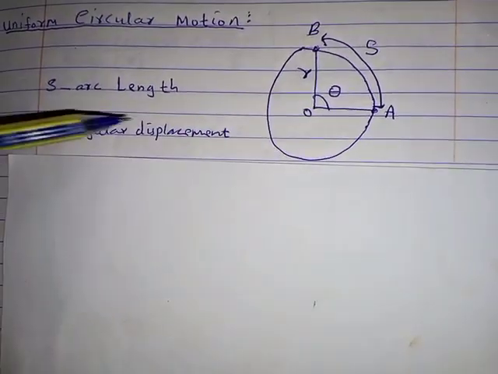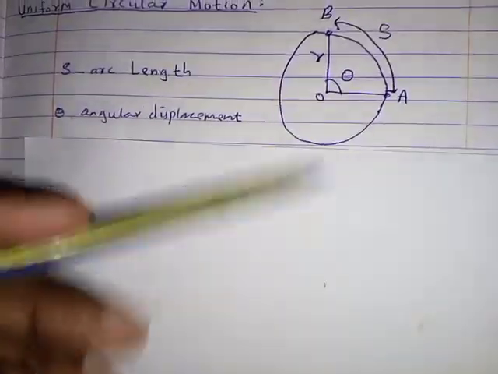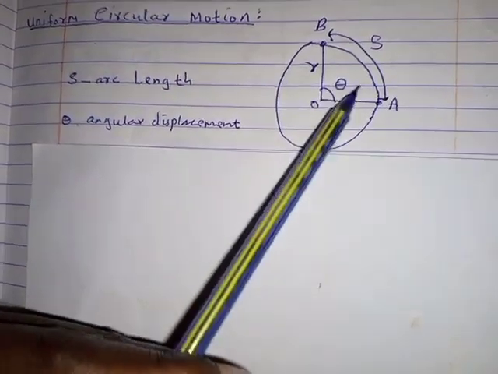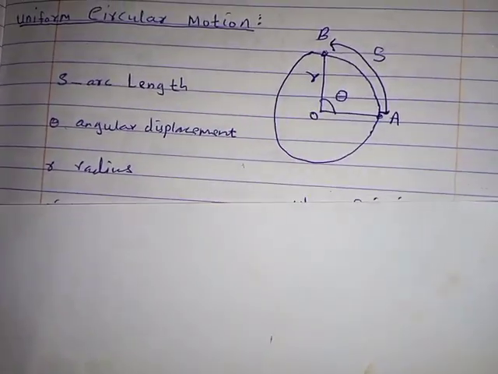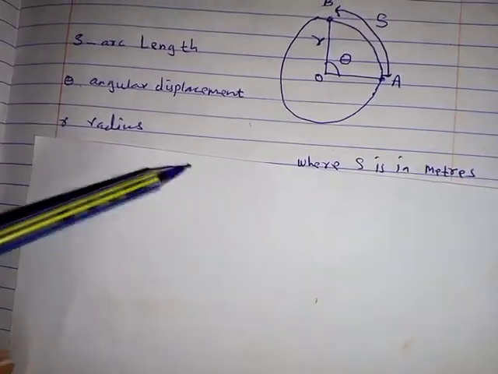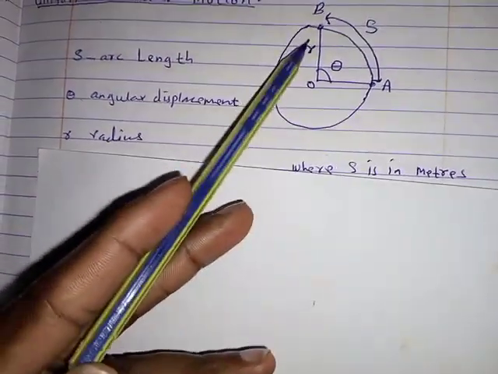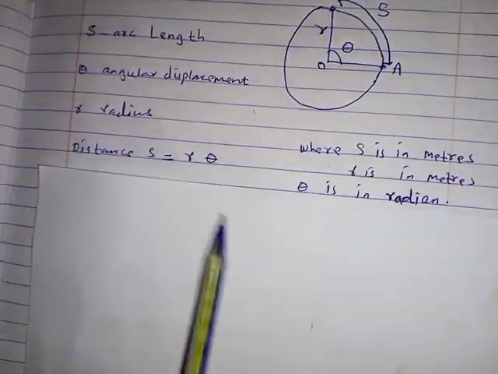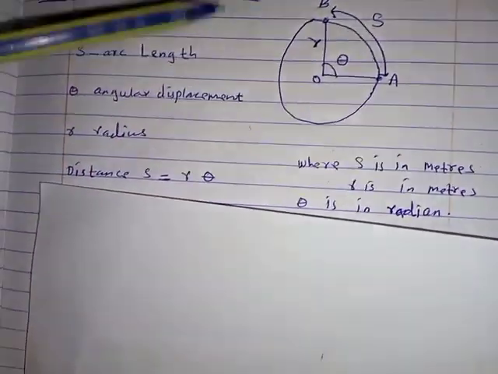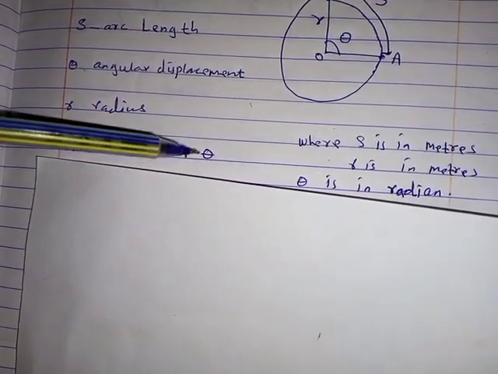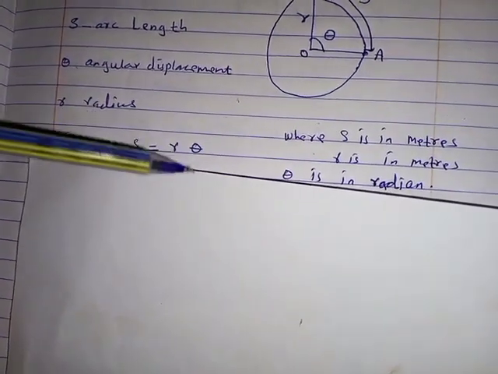Say this body has radius r from the center. Now, the angle swept by that body as it moves from point A to B is referred to as angular displacement. r is the radius from the center to that point. The distance covered, the arc length, is given by radius times the angular displacement.